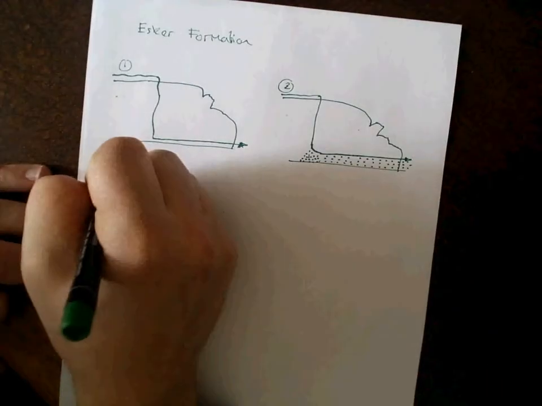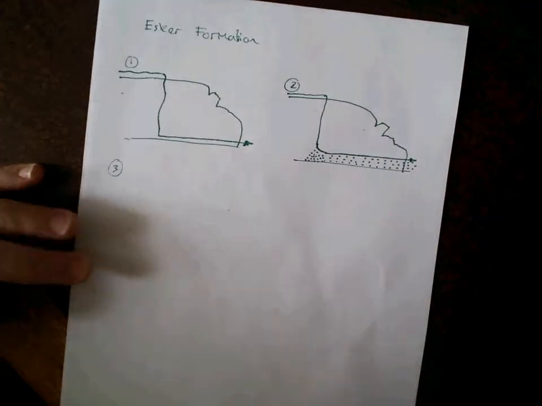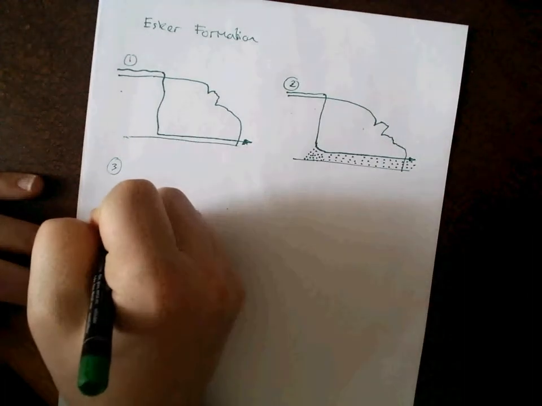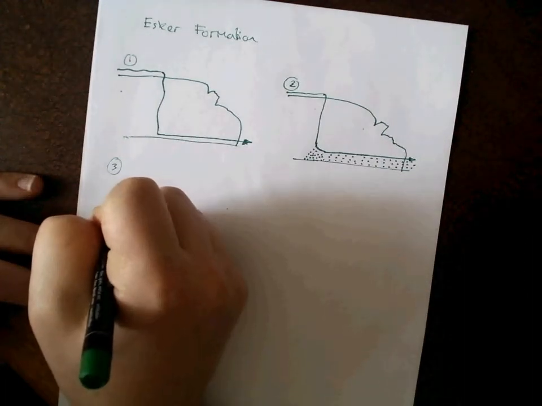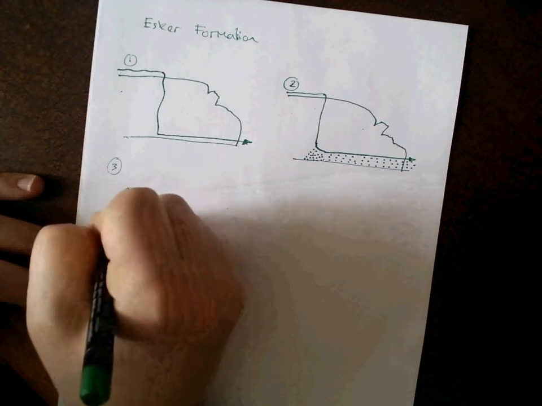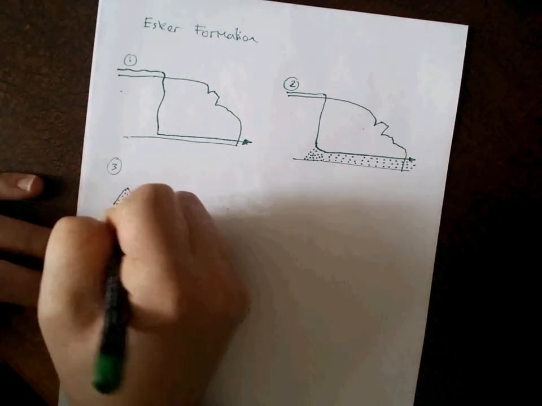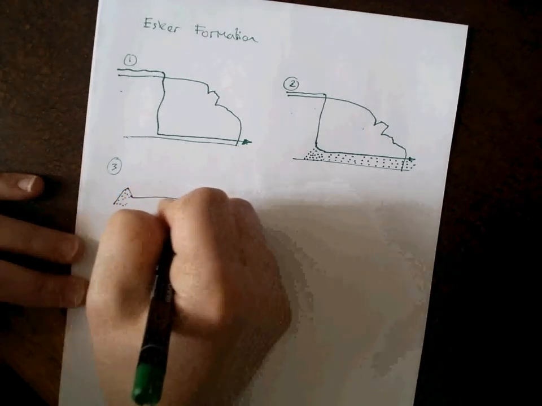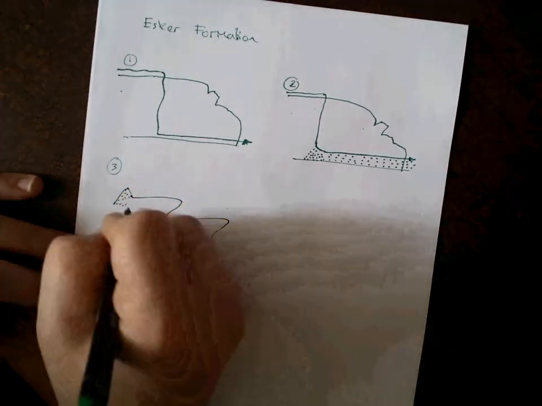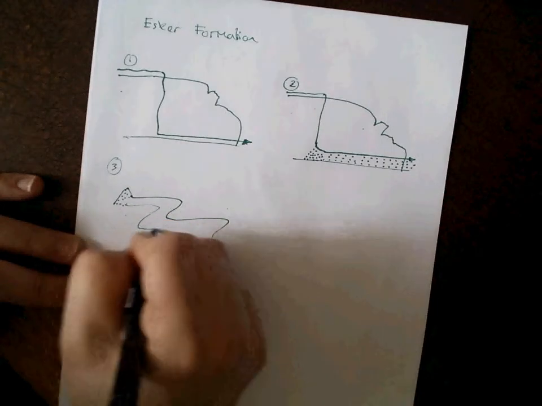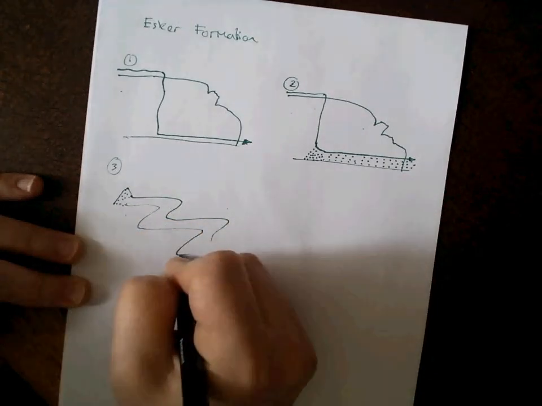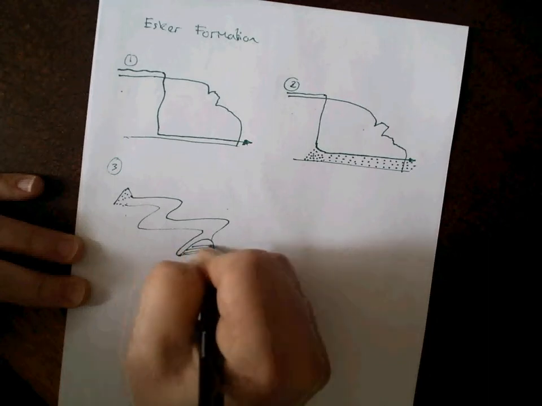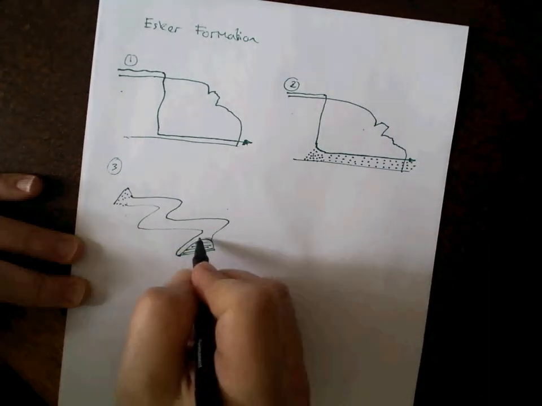In diagram 3, we can show what this feature would look like once the ice has melted away. There's the pyramid-like kame, and from in front of it you can see the snake-like esker made up of layers.